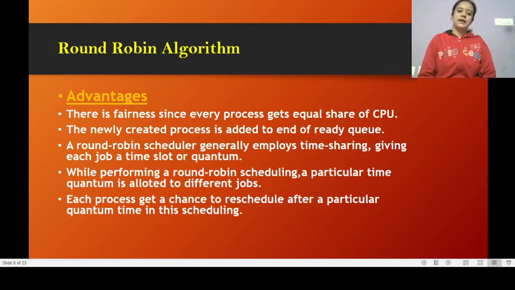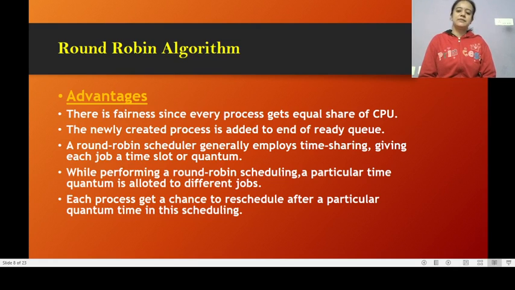What are the advantages of the round robin algorithm? There is fairness, since every process gets an equal share of CPU. No one will get more or less. Each process will get an equal time quantum. The newly created process is added to the end of the ready queue, and the round robin scheduler generally employs time sharing, giving each job a time slot or quantum.